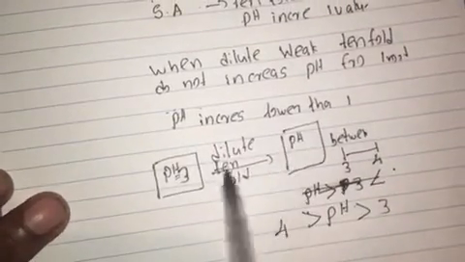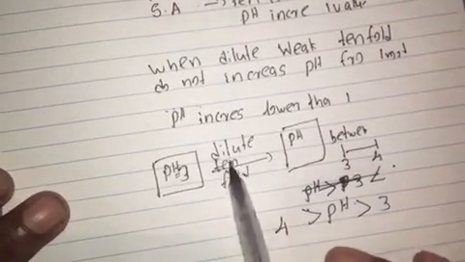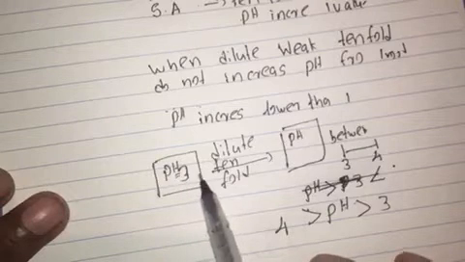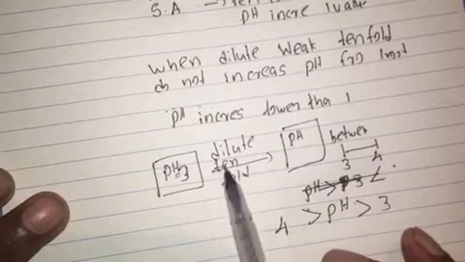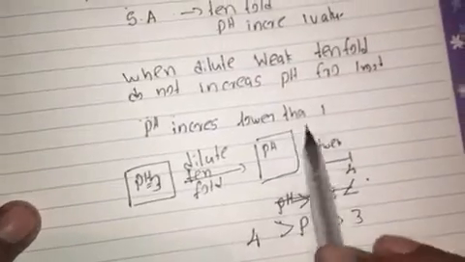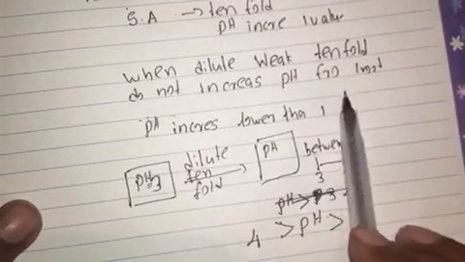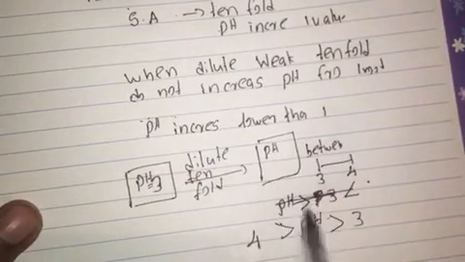Why? When we dilute the acid, pH should increase, but when diluted tenfold, it does not increase by 1 unit; it is lower than 1.